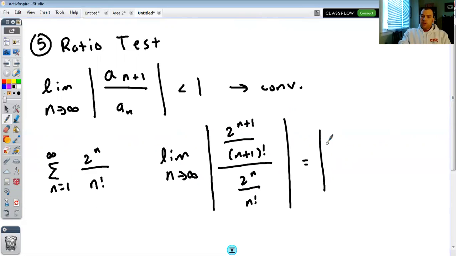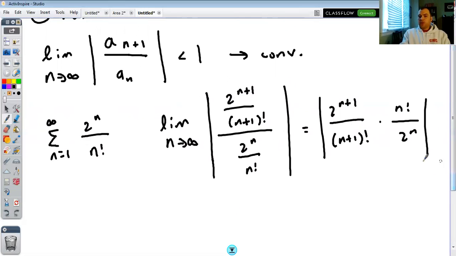So I'm going to flip over: 2 to the n plus 1 over n plus 1 factorial times n factorial over 2 to the n. And then we're going to reduce. This is equal to the limit as n goes to infinity. 2 to the n plus 1 over 2 to the n will reduce to just 2 in the numerator, since the power is 1 greater up top. And the n factorial over n plus 1 factorial will go to n plus 1 in the bottom.